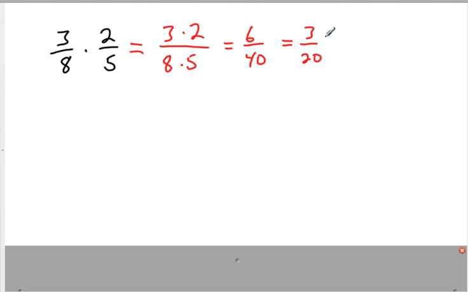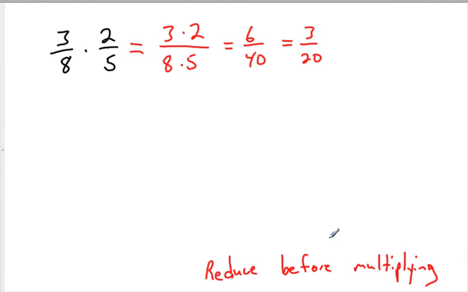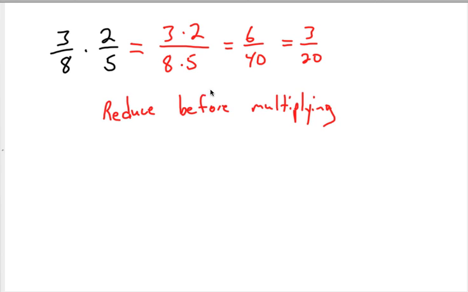But one really nice thing you can do when you're multiplying fractions is to reduce before you multiply. Reduce before you multiply. What I can do is I can see that 2 and 8 have a common factor of 2, and so if I reduce each of those by dividing them by 2, I'll get 3 times 1, right, which is 3, over 4 times 5, which is 20, and I can skip this step here.